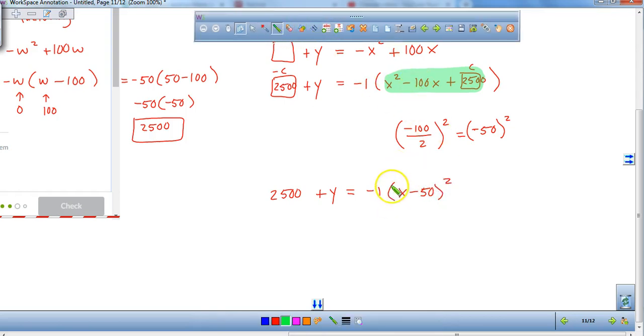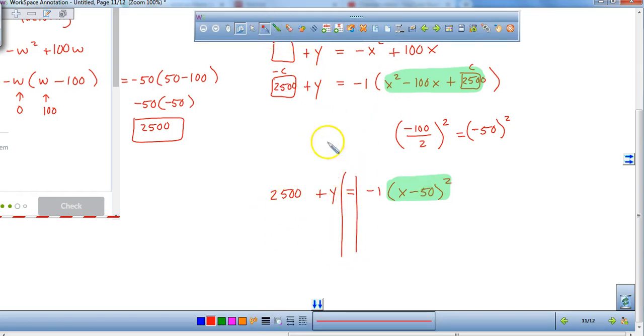So this factors to this. So kind of quick little review of completing the square. Whenever you complete the square, whatever half that number is will always go right there, which is our negative 50. And last but not least, all I'm going to do to both sides, because of the negative 2500, is I'm going to add 2500 to this side, and I'm going to add 2500 to this side.